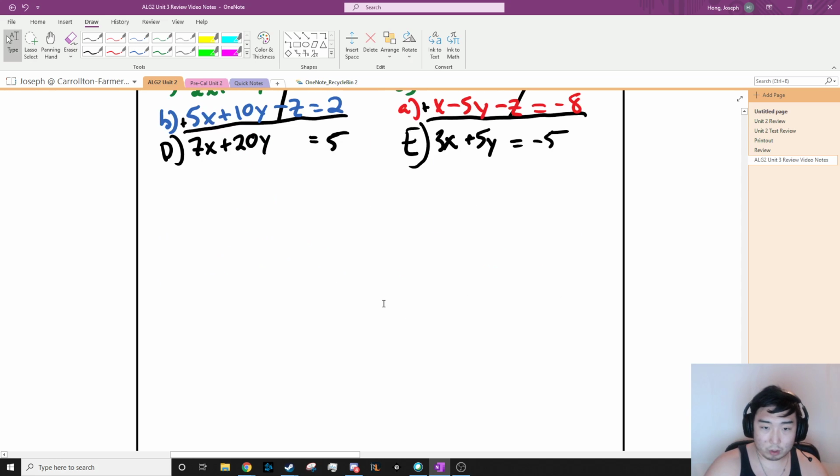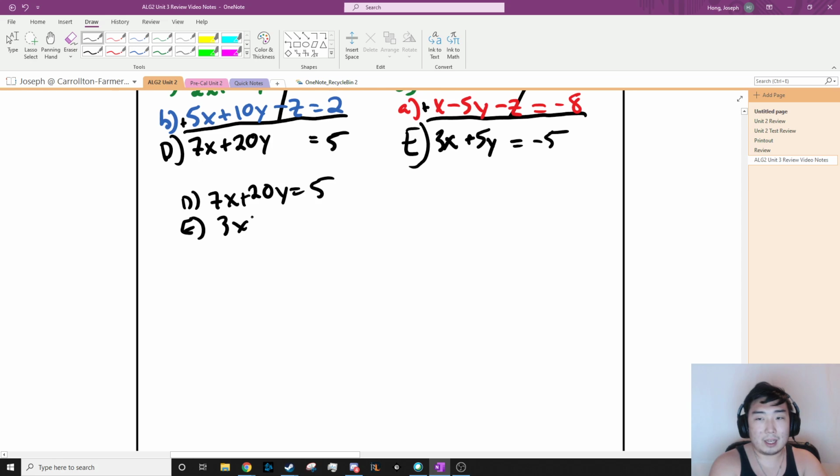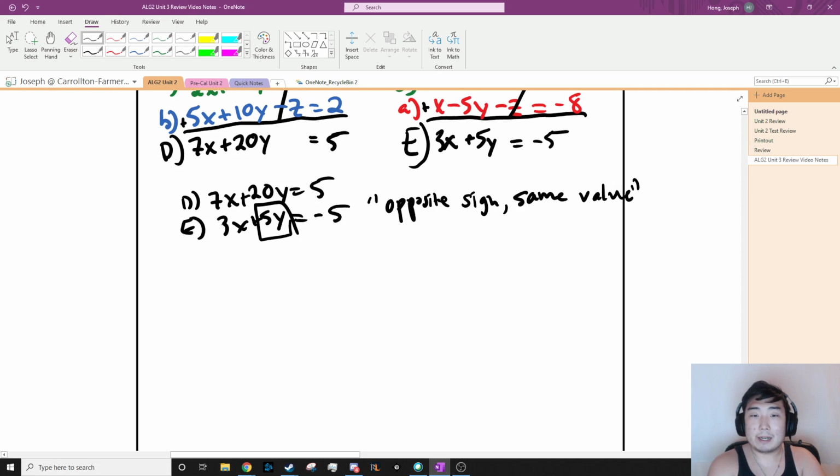So I need to get rid of one more variable by using elimination again. So I have equation D, which is 7x plus 20y is equal to 5. Equation E, however, has 3x plus 5y is equal to negative 5. But I want to make this into the opposite sign, same value as my other y.